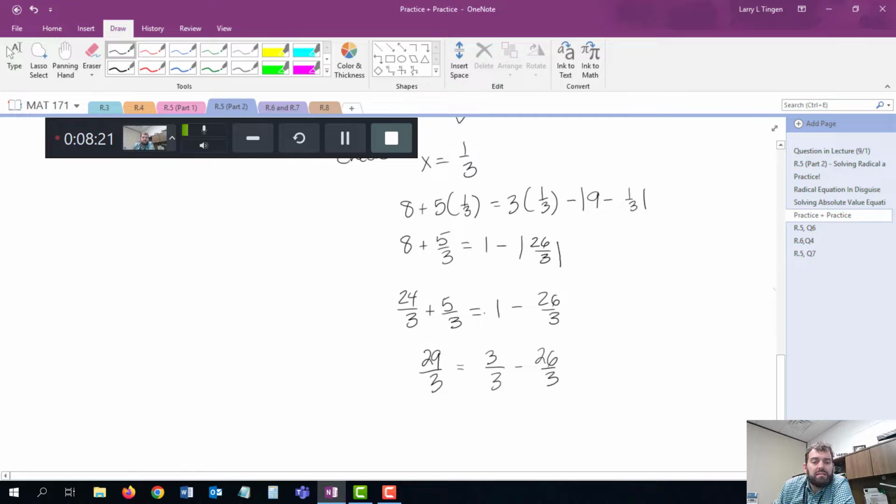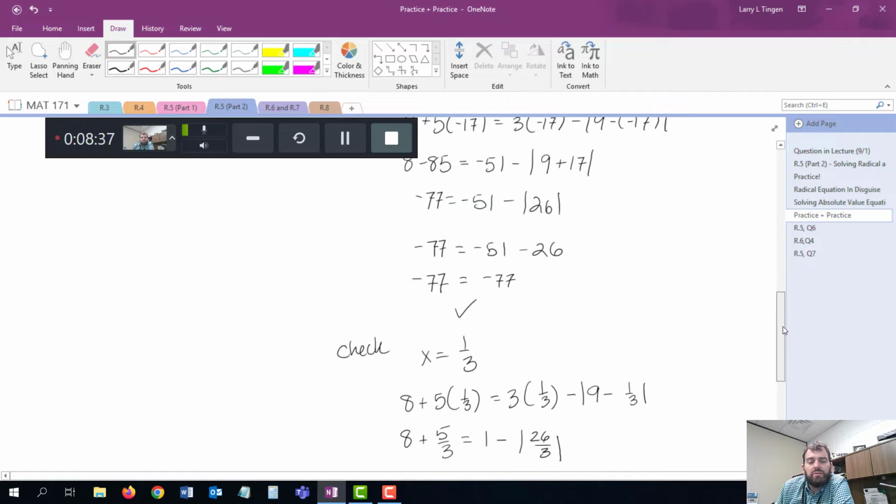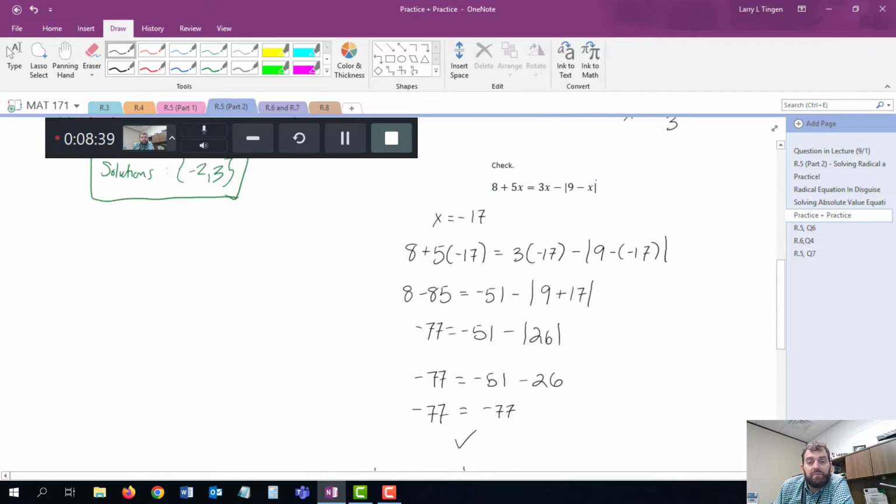We can already see this is not going to work for us because what's up? My signs are opposite. Numbers don't match either. 3 minus 26 is negative 23 over 3. So that one fails. So that means my solution set only contains negative 17.